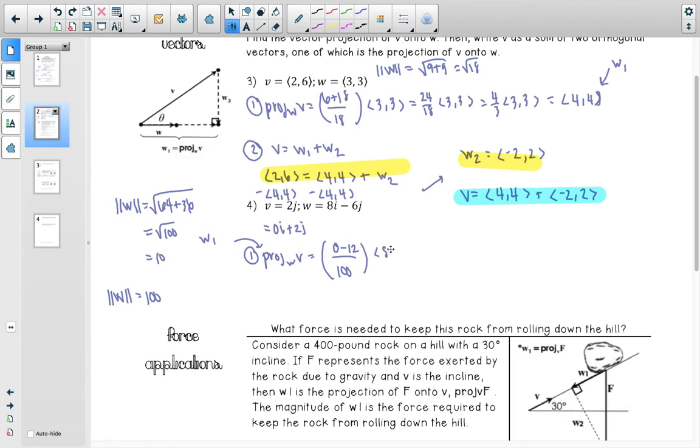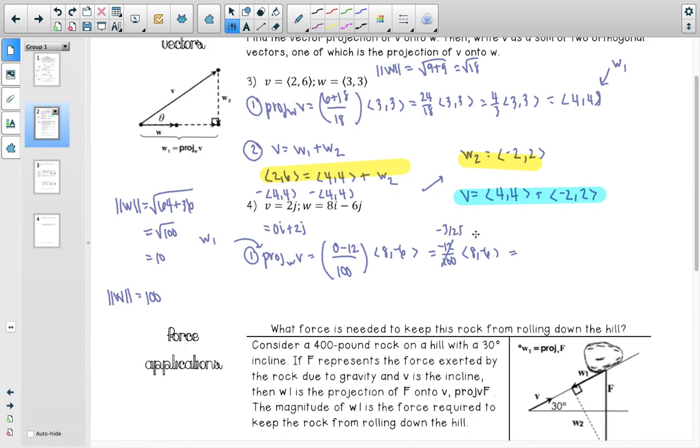And then you write 8, negative 6. So you get negative 12 on top, 100 on the bottom. Sorry, brain fart. And then you have 8, negative 6. You can simplify this: negative 12 divided by 100 is the same as negative 3 over 25.